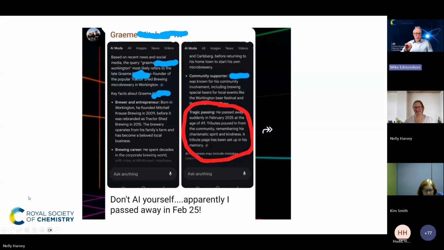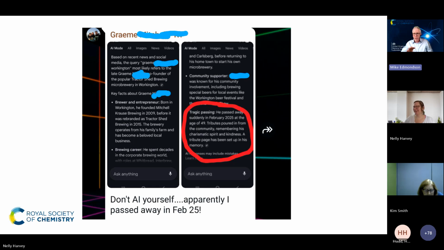So I've got a friend called Graham, who is recently retired. So he has got time on his hands and he's been typing his own name into AI, ChatGPT or something similar, and he asked it what it knew about him, and it was pretty accurate to start with.